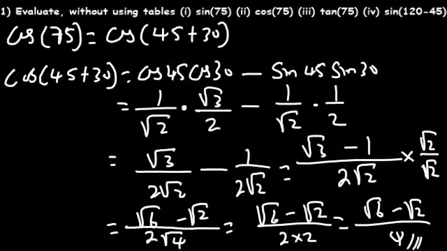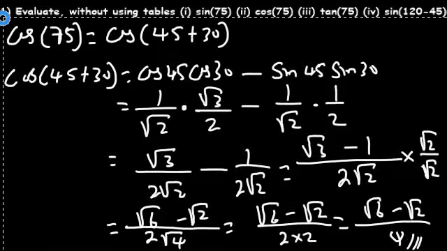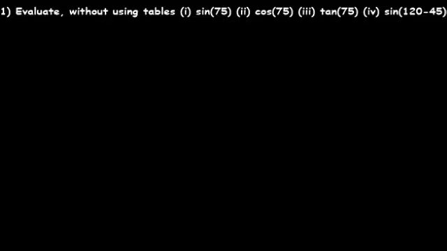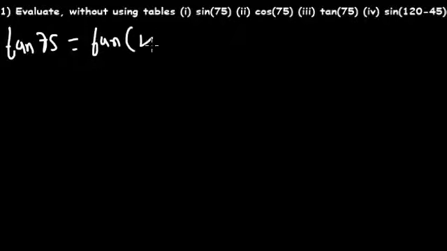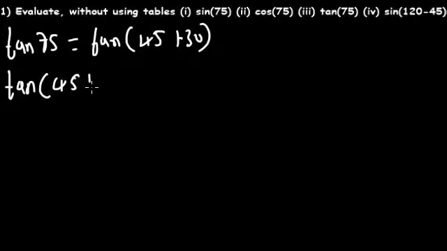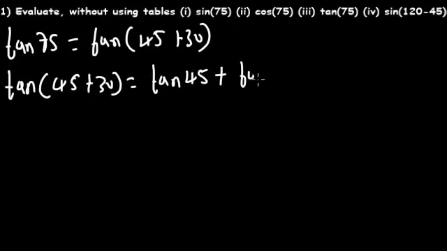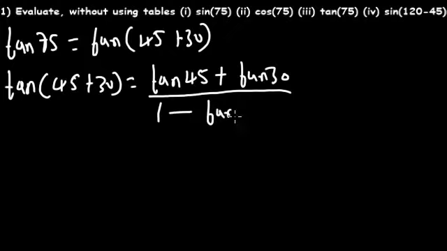On to Roman figure 3, which is a tan of 75. So to find tan 75, just like before, we should break it into pieces, tan 45 plus 30. So according to the compound angle formula, tan 45 plus 30 is the same as tan 45 plus tan 30 divided by 1 minus tan 45 times tan 30.